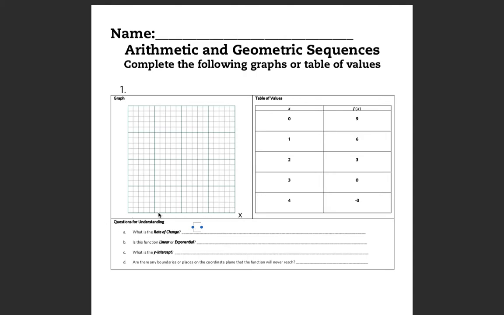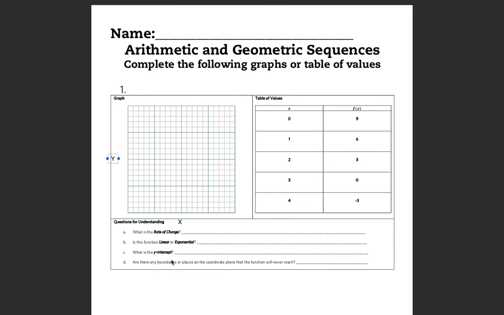So if this bottom line is the x line, where do you think the y line is? I hope everyone yelled, oh, it's right over there, right here. So, there we go. That was our first step, finding our x and our y. This is our x-axis, we call it, and our y-axis.